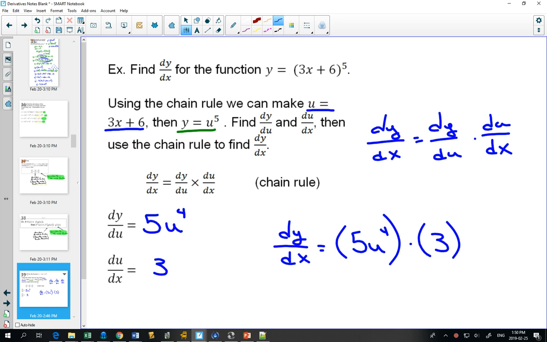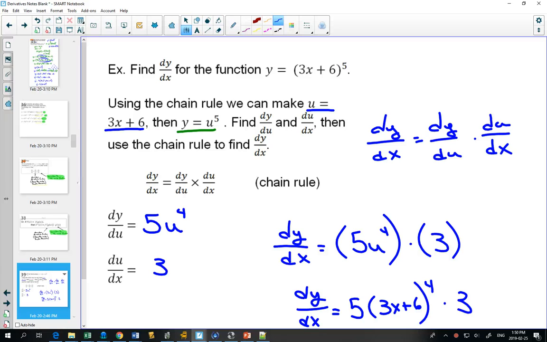And if you undo the substitution that you started with, then dy dx is 5 times (3x plus 6) to the power 4 times 3, which you could multiply the 3 and the 5 together and make 15 if that makes you really happy. Or you could leave it like this if it doesn't ask you to simplify.